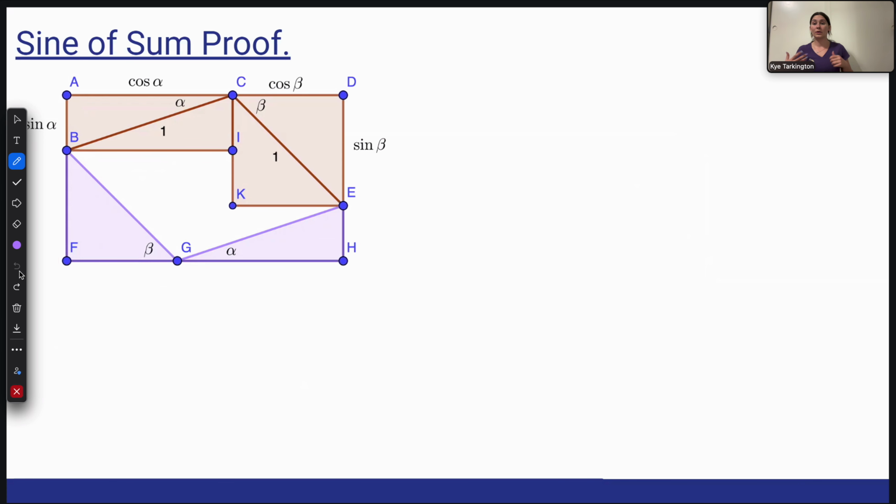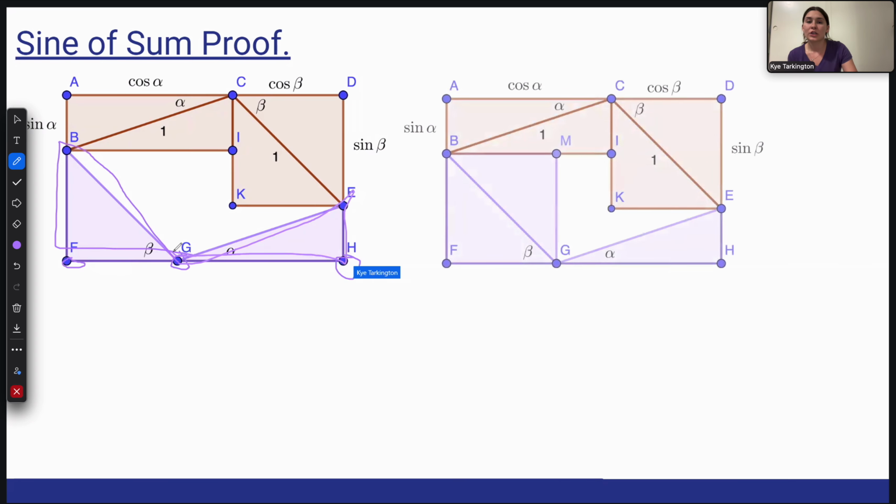And so notice that this point G right here, this point F and H are all the same original points that we did use. So we know already that GBF triangle is going to give us a beta triangle. Similarly, we know that GEH is going to give us an alpha triangle.